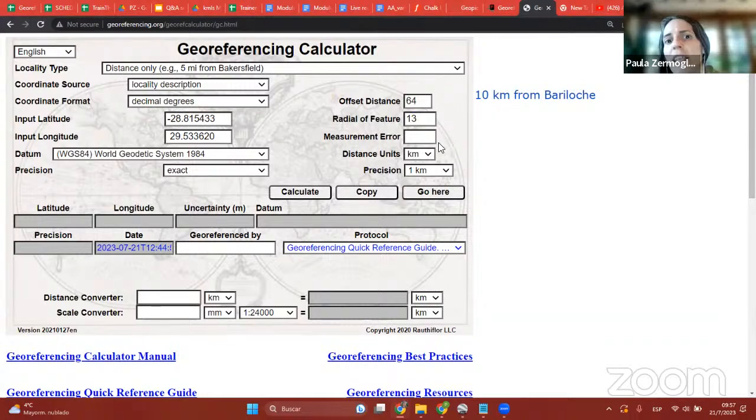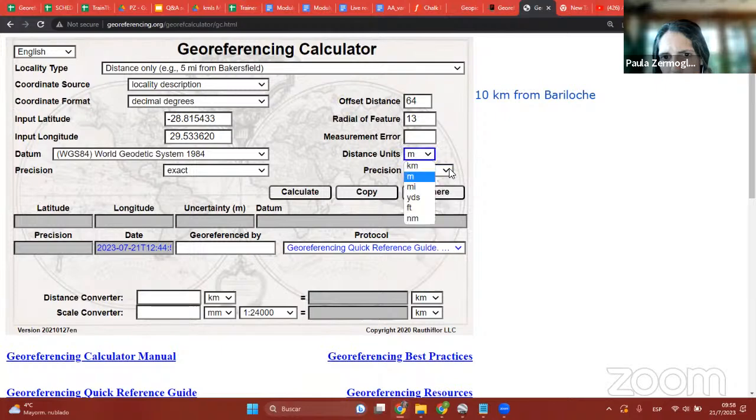If I have kilometers in the description, I will use kilometers as the distance and convert the other one. If I have meters here, I will use meters and so on. And the precision will also be in accordance with those units. If here I choose meters, see that the precisions that we can choose from are in meters.